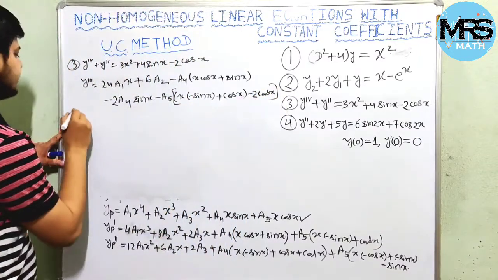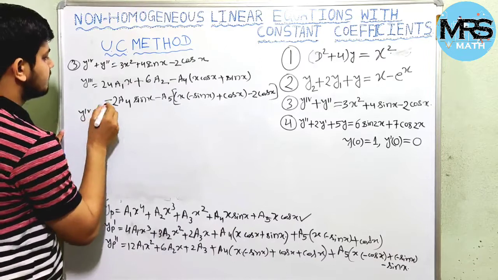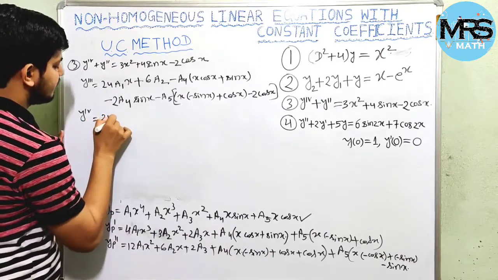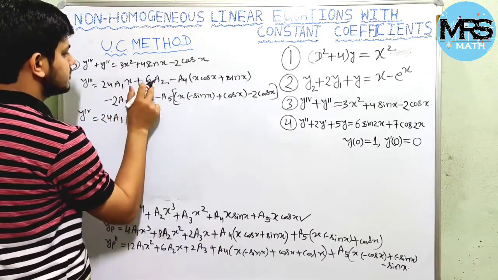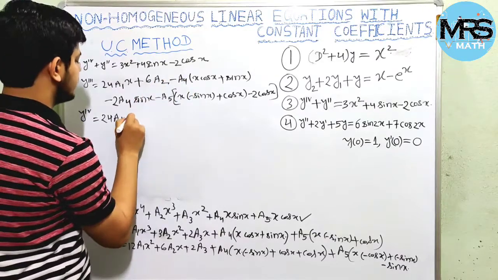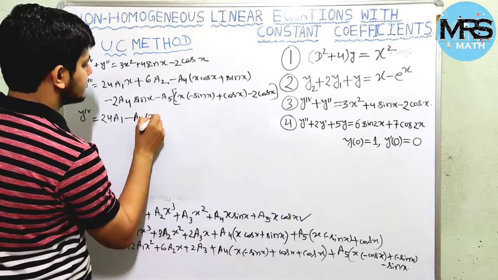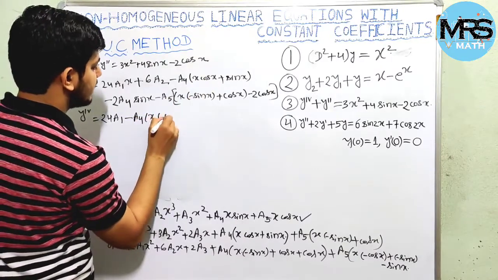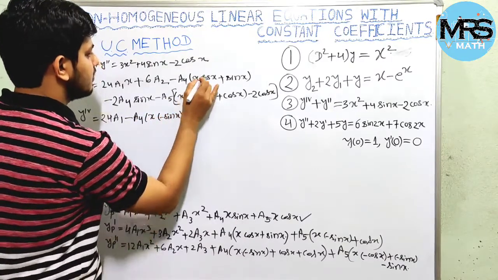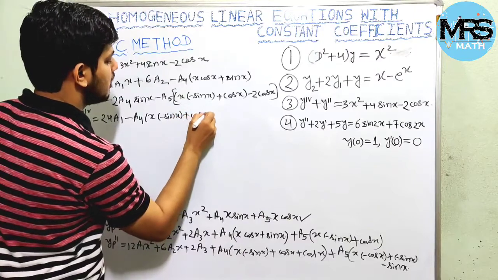So last derivative is y fourth, so that will be equal to 24 a1, so this one is 0, then this one it will be minus a4 x into cos x is minus sin x, plus cos x.